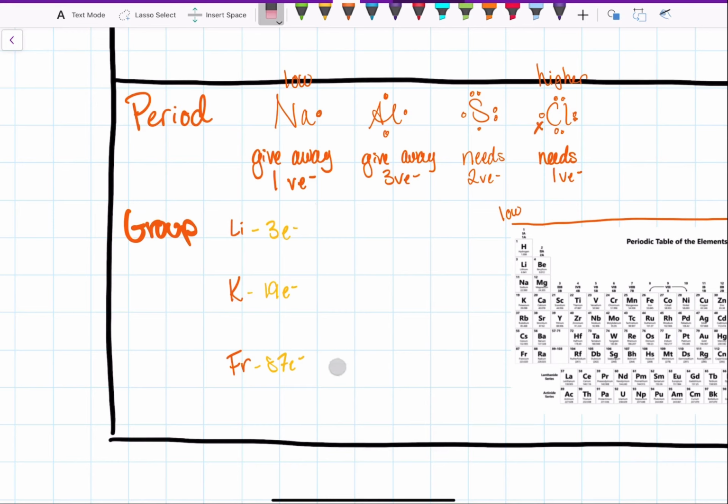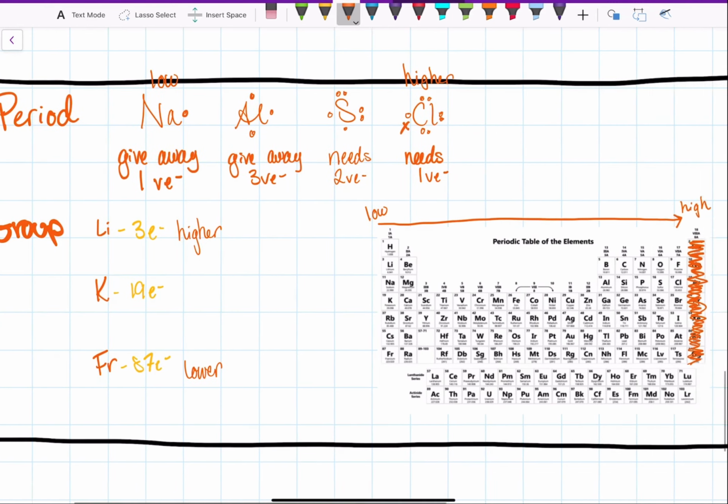So because of the amount of electrons between these and the amount of energy levels, we can see a trend. Something like francium, it already has a ton of electrons. It's not going to attract any more. Lithium would be more likely than francium to attract electrons because it has fewer of them. So that being said, lithium would have a higher electronegativity and francium would have a lower electronegativity.